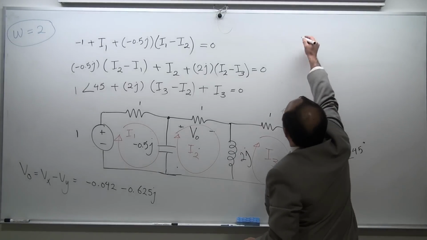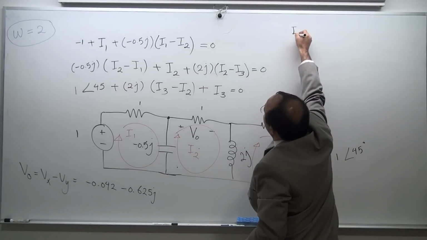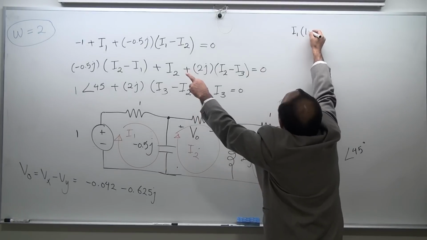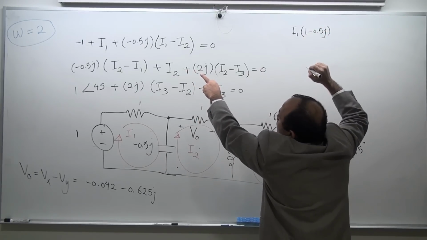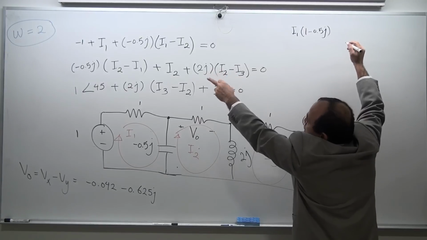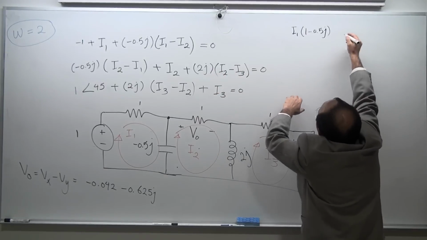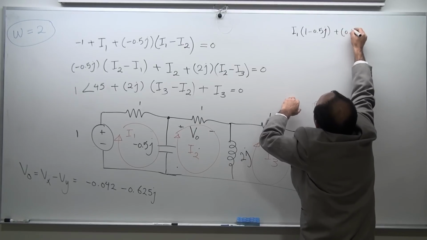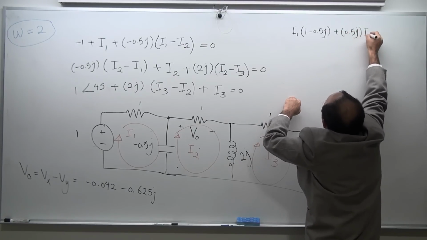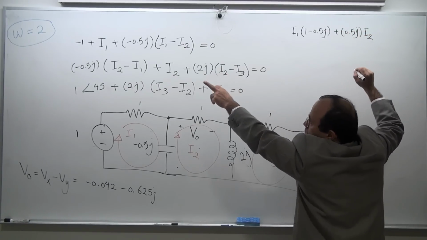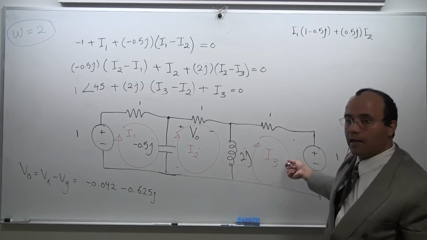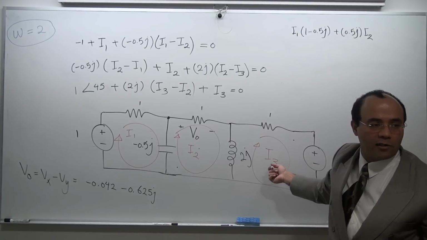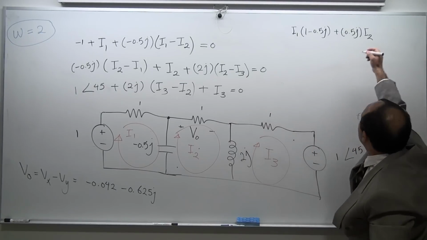So it's going to be I1 times 1, and then I have minus 0.5J. And then for I2, I have a minus minus. I can do this much modification if I wanted to. 0.5J I2. Don't go too much. And since this loop doesn't share anything with I3, I can imagine there is no I3 in that first equation.